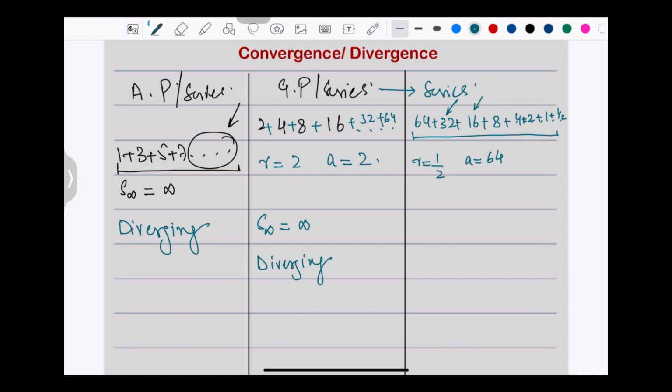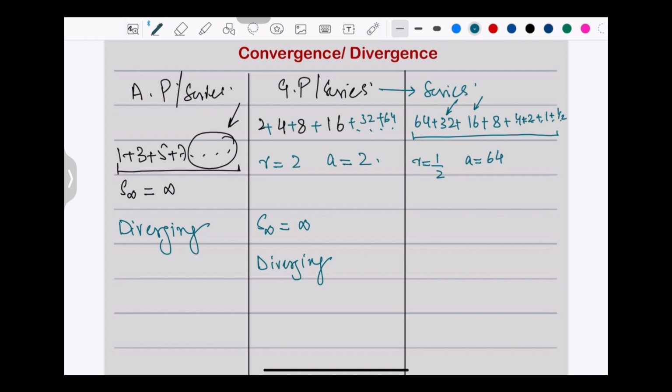So we consider that eventually 1 over 2, 1 over 4, 1 over 16, 1 over 32, it will become such a small number that it will attain a value of 0. But since every next term is half of the previous term, when will it become 0?